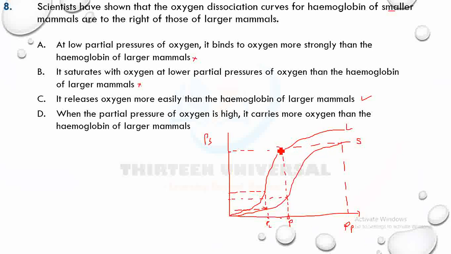Sorry, it may not be straight, but you see, it cannot be higher at the same high pressure. Trace it to the larger mammal curve and extrapolate it. Can you see that larger mammal is bigger than it? So this option is wrong. So what we got is C.